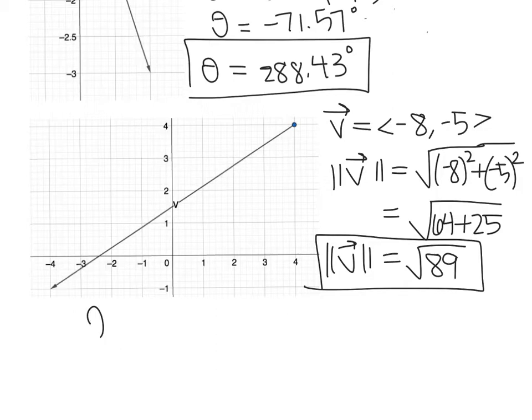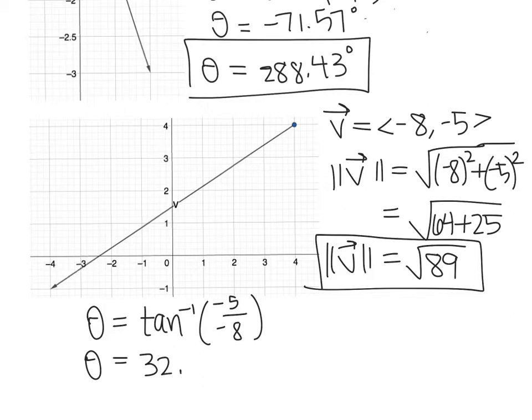Now we want to find its direction. So theta is going to equal the tangent inverse of b, negative 5, over a, which is negative 8. So using our calculator, we do tangent inverse of negative 5 divided by negative 8. And we are going to get 32.01 degrees.